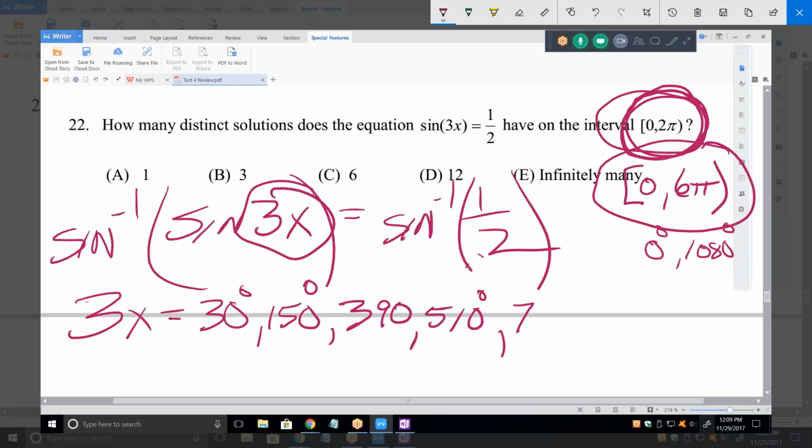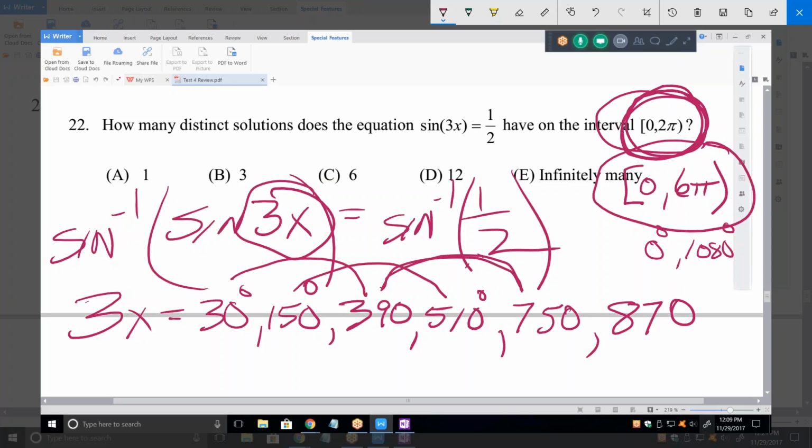Add 360 to this. So that'd be 750. Okay, and add 360 to 510. So 870. Notice all I did was add 360 to that, I added 360 to that, I added 360 to that, I added 360 to that. So there's my 6 answers for 3x.